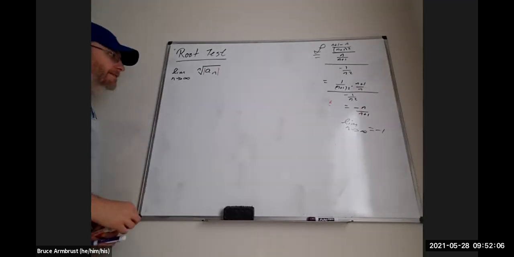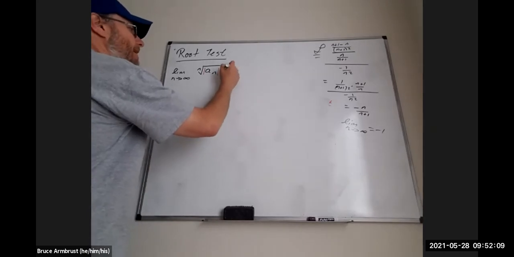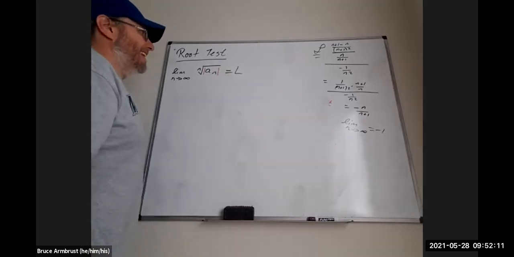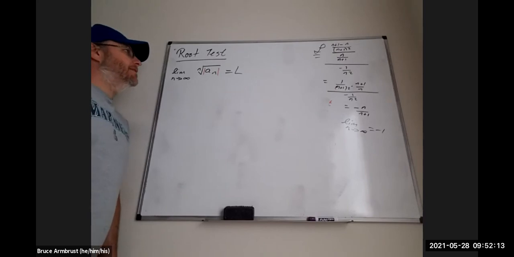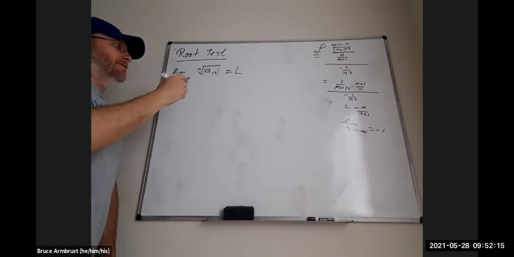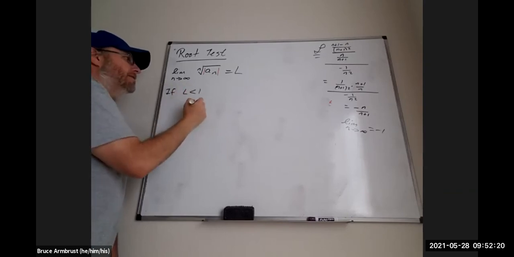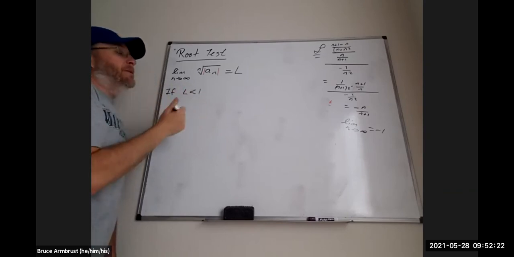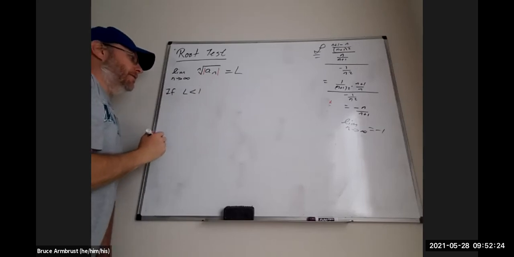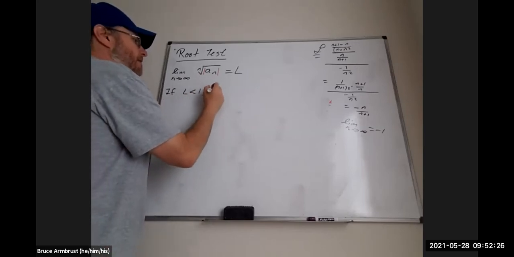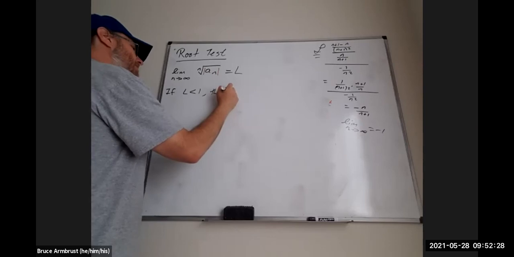Okay, so we're going to take this limit, and again, we'll go ahead and call it L. All right, so now L tells us everything. So if L is less than 1, and it's going to be positive again because of the absolute value, but if L is less than 1, then the series converges absolutely.